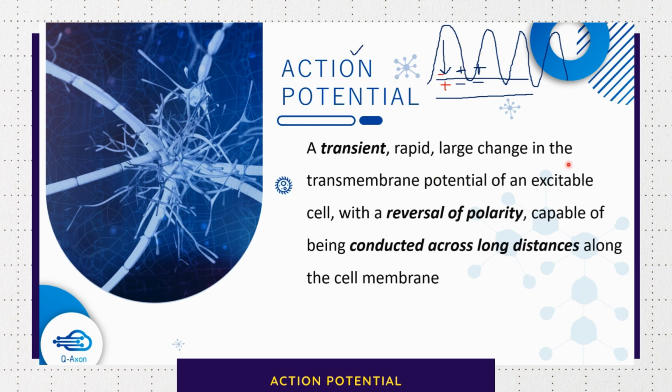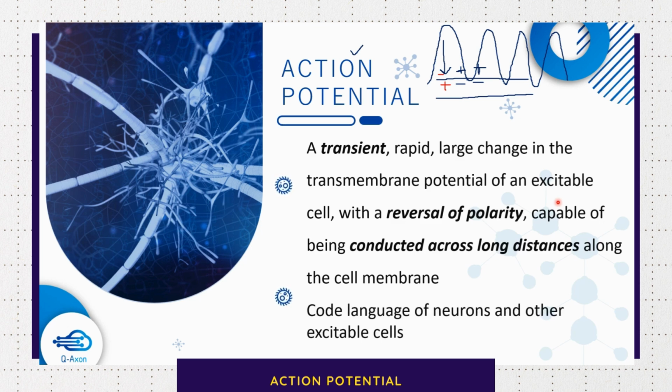So it's a large change in the transmembrane potential of an excitable cell, that is the RMP, with a reversal of polarity. So we saw that briefly the inside becomes positive with respect to the outside. And since it's quite large, it can be conducted across long distances. But in simple terms, the action potential is the code language of neurons and other excitable cells.